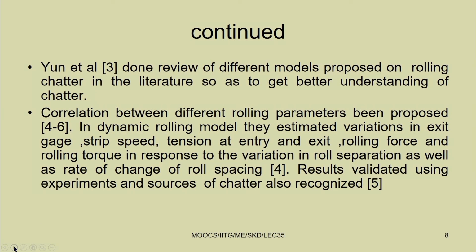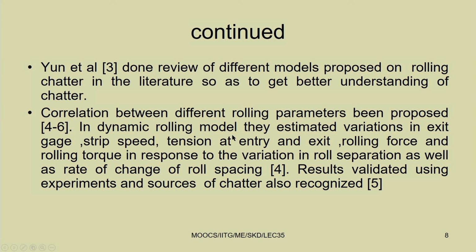Similarly, Yoon et al. did a series of works. They reviewed the different models proposed on rolling chatter in the literature, so as to get a better understanding of chatter. Correlations between different rolling parameters were proposed by the same authors, Yoon et al.